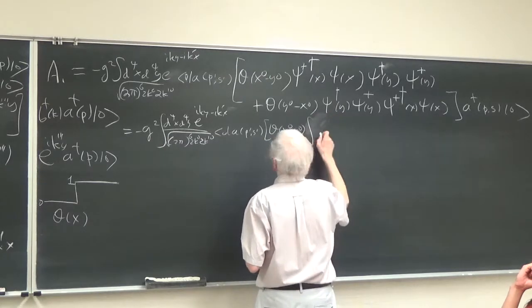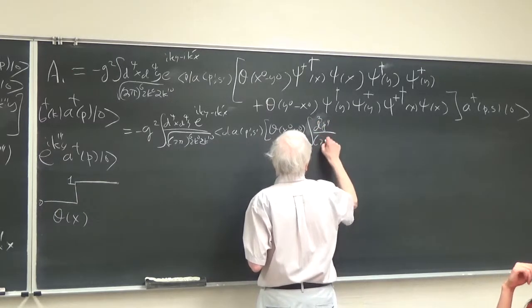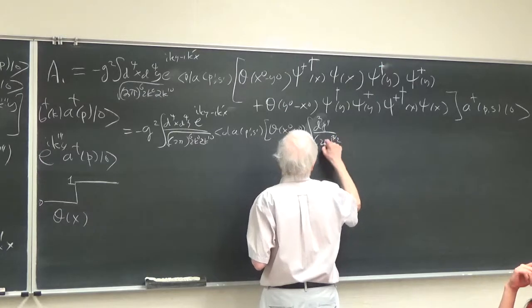So this will be an integral d cubed p double prime over (2 pi) to the 3/2.